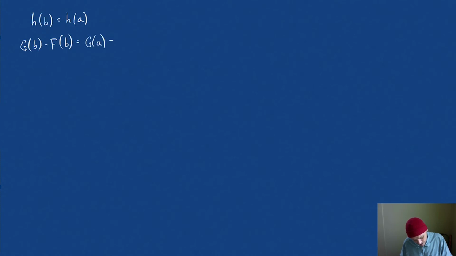We said that h of B is equal to h of A. Well, remember what h of B is. h of B is G evaluated at B minus F evaluated at B. And h of A is G evaluated at A minus F evaluated at A.